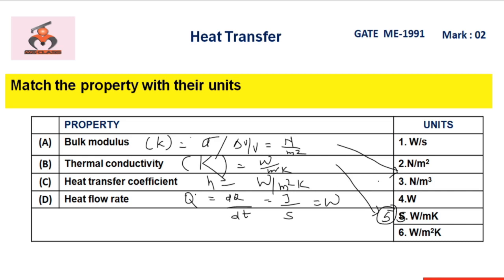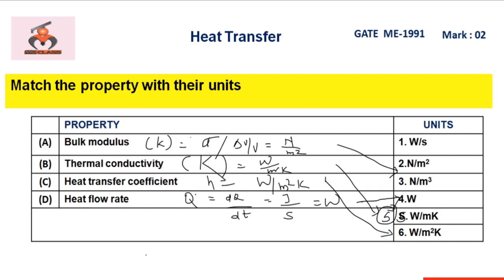The third one, heat transfer coefficient, has the unit watt per meter square Kelvin, that is present in option 6. And the last one, heat flow rate, has the unit watt, that is present in option 4.